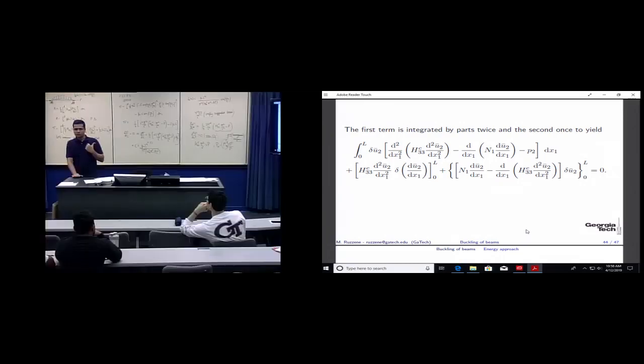You will take the general solution of a fourth order differential equation, and then substitute the boundary conditions to get a displacement profile like this. We saw that in the last class, that we had a fourth order differential equation and we wrote a general solution for it. When you solve for the constants in that general equation, you will find an equation like this. So instead, you can find constants using energy methods.